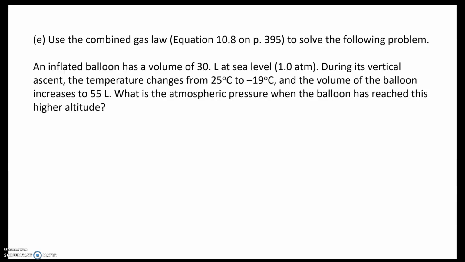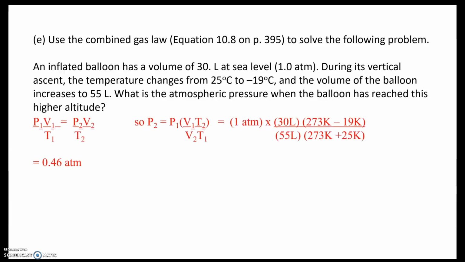So what is the atmospheric pressure when the balloon has reached this higher altitude? All right, so we use our combined gas law, which says P1 V1 over T1 is equal to P2 V2 over T2. And by the way, we can derive all of Boyle's, Charles's, and Gay-Lussac's laws, the algebraic expressions of the laws, by holding one of the variables constant and seeing how everything else changes.